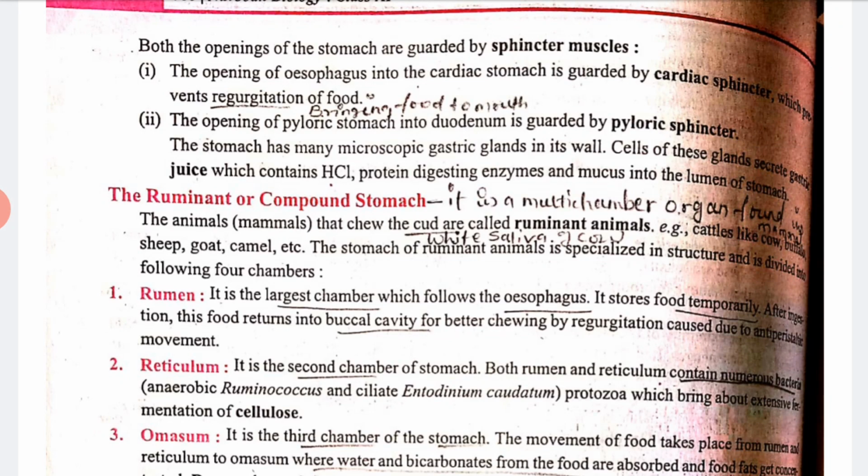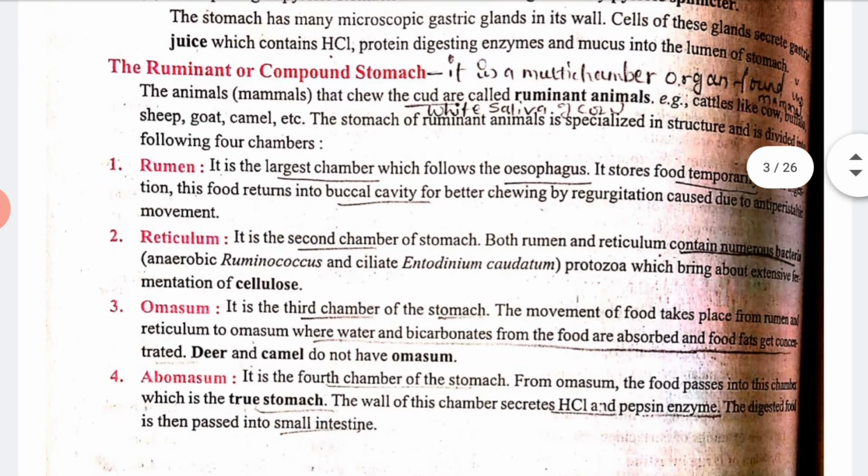As in humans, animals also have a stomach. So let's talk about the ruminant or compound stomach. Animals, that is mammals, that chew the cud, which means the white saliva of the cow, are called ruminant animals.